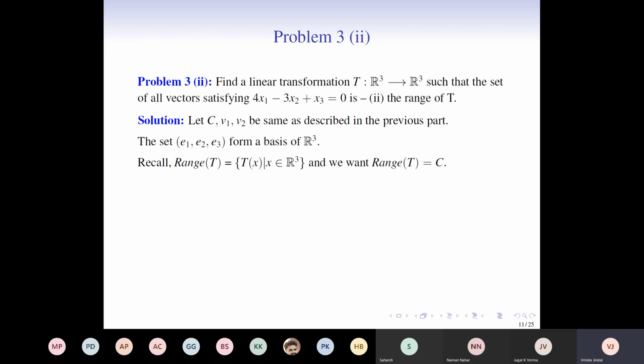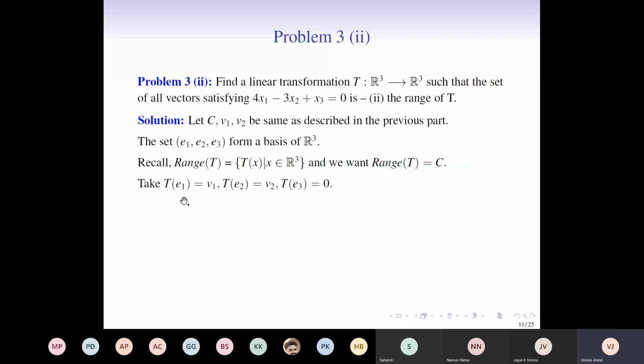Like we apply T to X, where X belongs to R3, and the set of all the vectors that we get after applying T to X is called the range of T. And we want this set, the range of T, to correspond to C. So all the vectors that T can result in should lie on this plane, and they should form this plane.